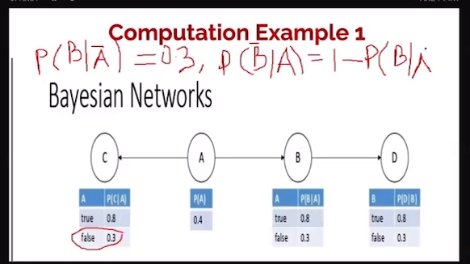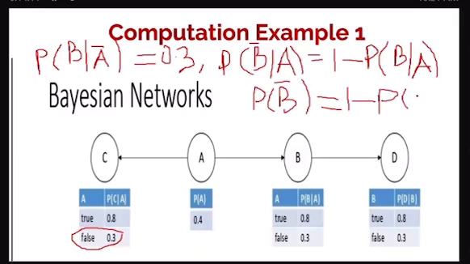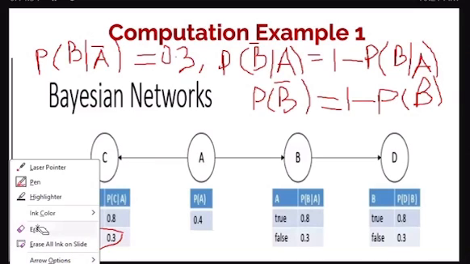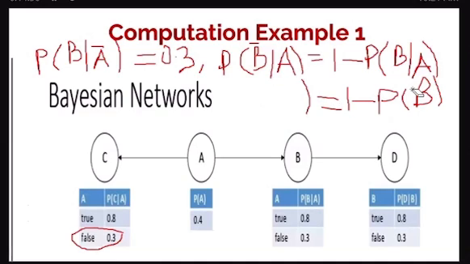How do I know that? I know that from here. I know that the probability of B complement equals 1 minus the probability of B. Now, if I want to use this particular law and condition on an event, I can say the probability of B complement conditioning on A equals 1 minus the probability of B conditioning on A. Now, if I want to figure this out, give me 1 second.